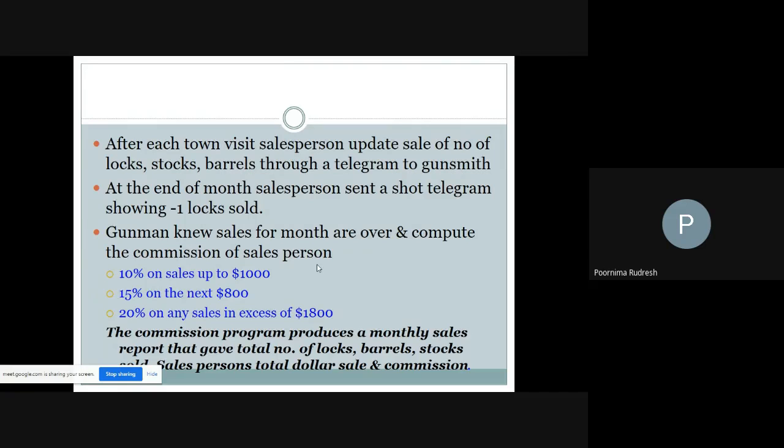We are considering the number of stocks, locks, and barrels sold in a month, the total cost, and based on the total cost, how much commission the salesperson is going to get. All these things we consider in the commission problem. Understood?